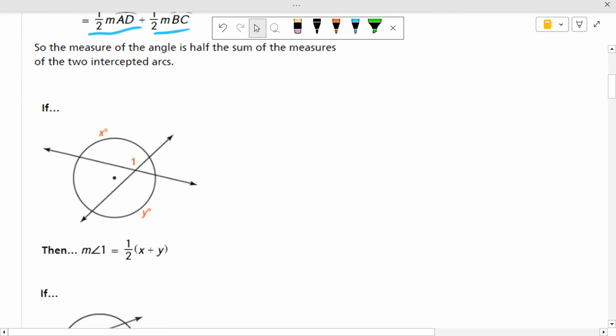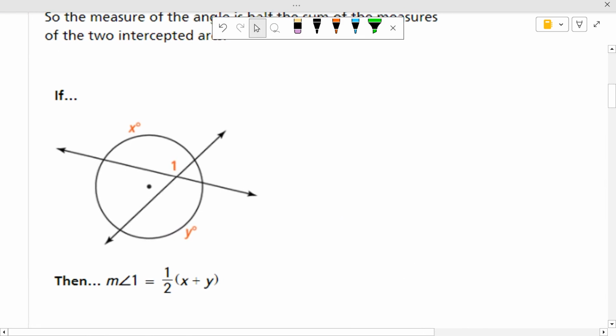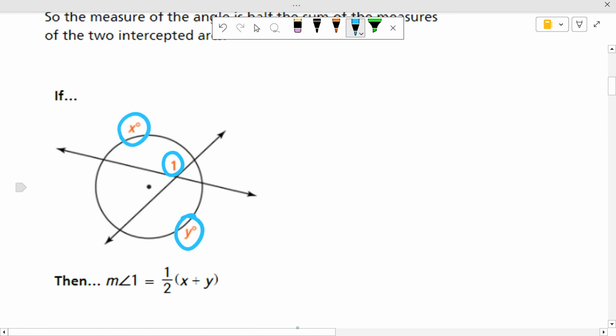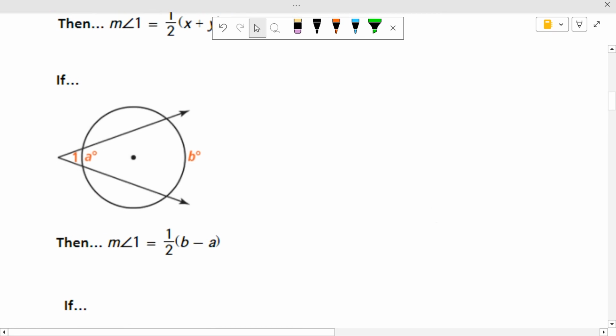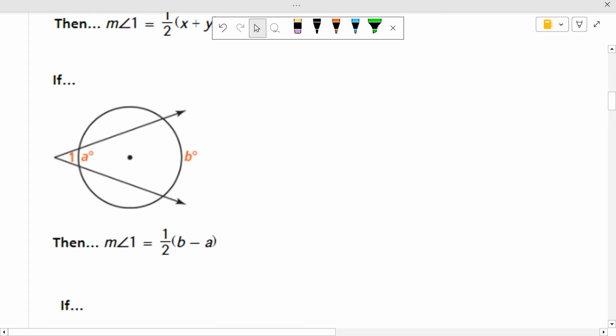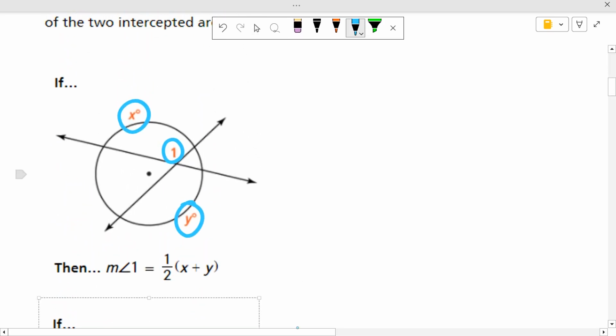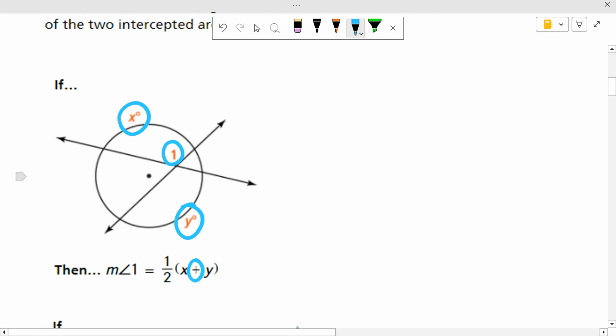All right. So, when we form an angle on the inside of the circle, we add up this and take 1/2 of it. That's what we just said. When the angle's on the outside of the circle, we take the big minus the little. We subtract this time. We don't add. See how the angles on the inside, we add.